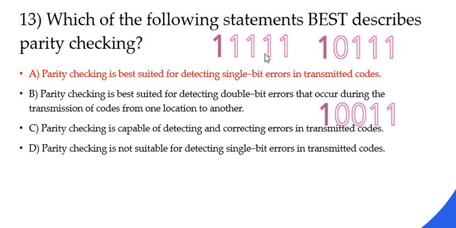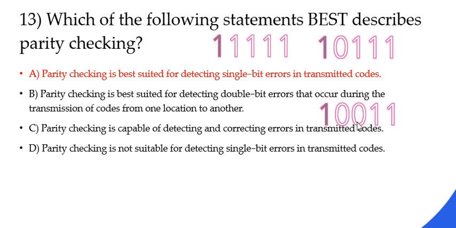So if I had an error in my code, instead of 1111, I had an error 0, only a single bit error, so I got 0111. When I do the parity checking, instead of giving me the odd total ones, it's giving me the even total ones. See, 1, 2, 3, 4. So therefore I know there is an error, and that error is happening on a single bit, only one.